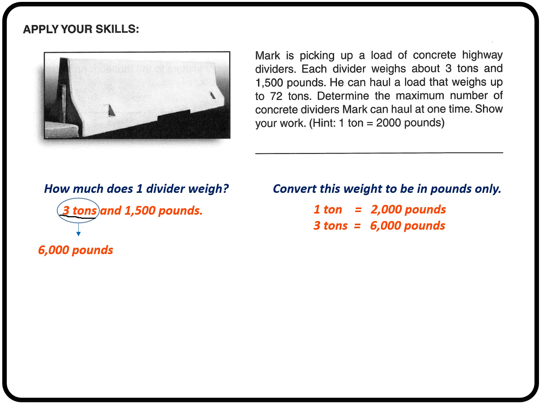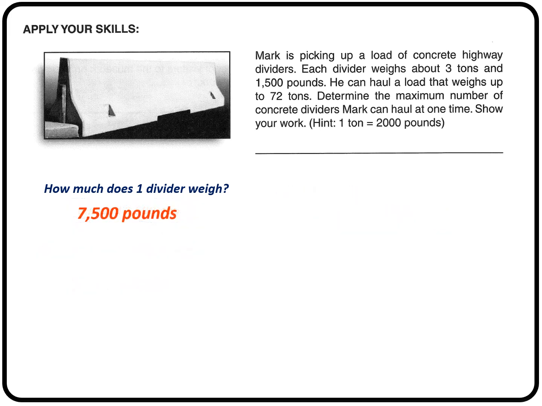And we still have to add the 1,500 pounds to that. So with your calculator, or actually you could just do this in your head, add 6,000 plus 1,500, and you should get 7,500 pounds. So one divider weighs 7,500 pounds. We know that Mark can haul up to 72 tons.